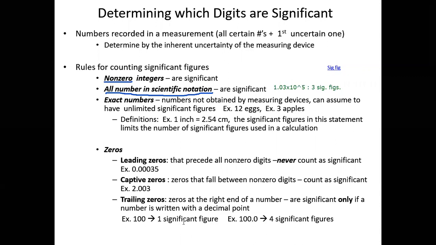Then we get to exact numbers, and exact numbers have what we call an unlimited or infinite number of significant figures. And so again, these are numbers that we obtain by counting, or conversion factors within the same system of measurement.